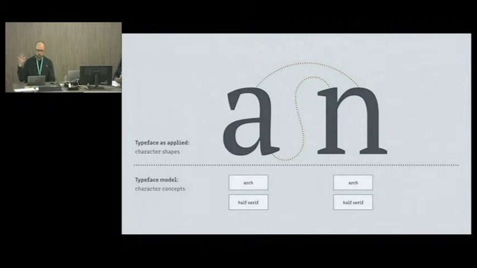Essentially, if I observe something in the characters that is similar in a few of them, but there is at least one character where it doesn't appear, I create a feature and create character concepts in the model to represent this similarity relationship.